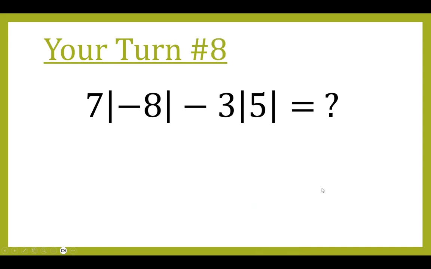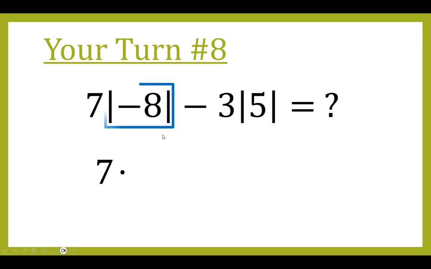Okay, last problem. It's similar to the problem before, and I'm going to solve it very similar, just like I did with problem number 7, sorry. And so if you want to solve this problem, please pause the video. Okay, so I am going to bring down my 7. It is being multiplied. See, here's that invisible multiplication. It's being multiplied by this absolute value.